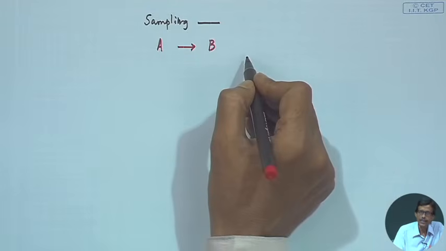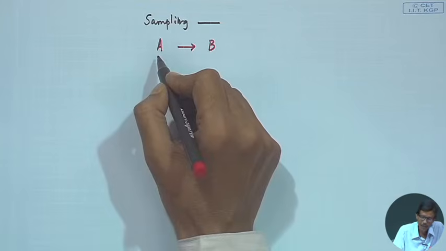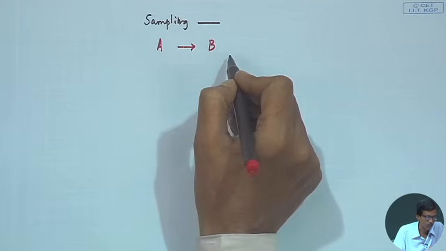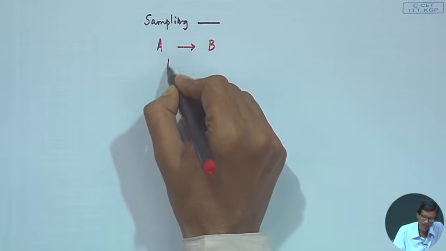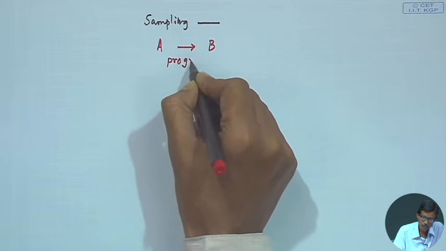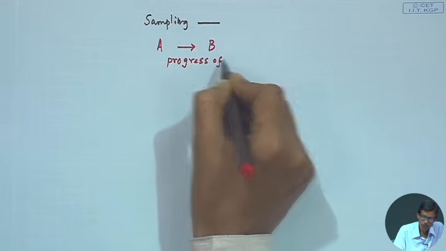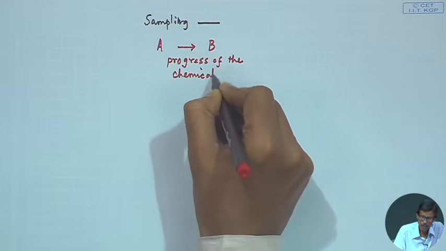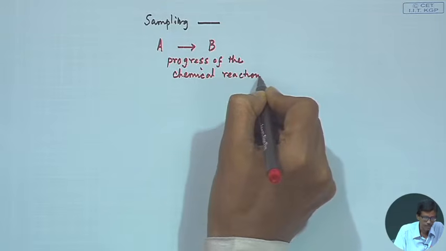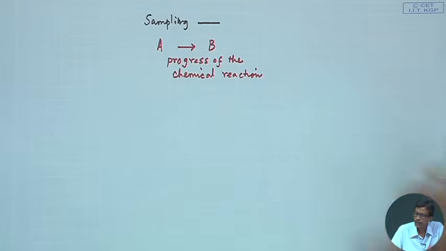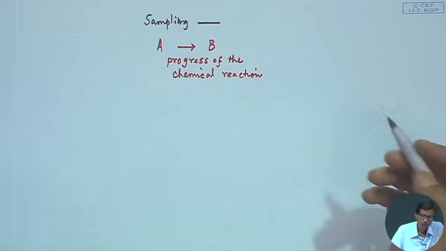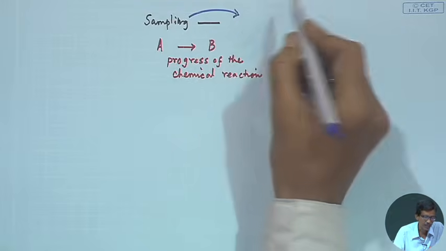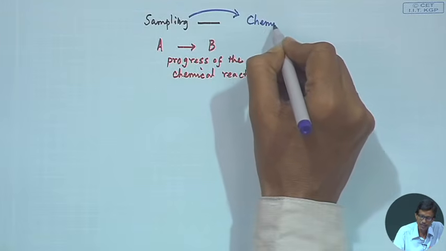That means some conversion is taking place in some plant or in some other process, a chemical reaction where A is converting to B. So, the progress of the chemical reaction can be monitored, which is a typical challenge. So, sampling is a real challenge for any chemical analysis.